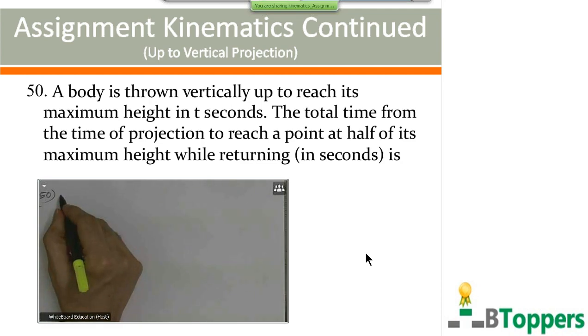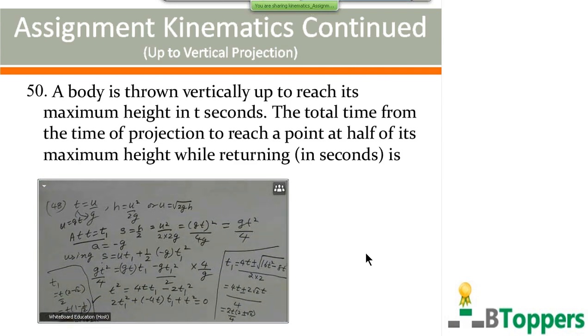So you can also solve. That means whatever method I have discussed for question number 48, you can follow the same method even for this question. In question number 48, we got two routes here in the last for the time. And as I told you, the second route gives you the answer for this 50.